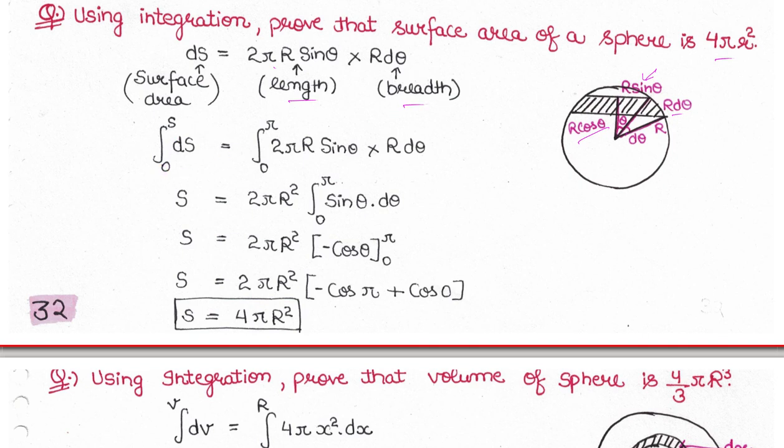So you can write the integral from 0 to S of dS is equal to the integral from 0 to pi of 2 pi r sin theta into r d theta. And after doing this, we get S is equal to 4 pi r square.